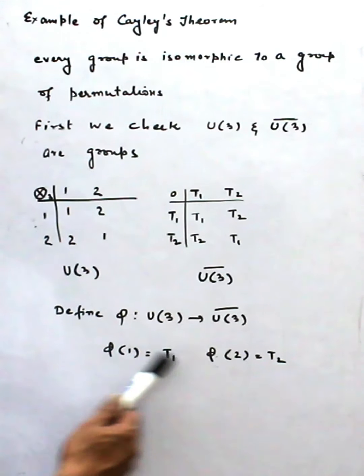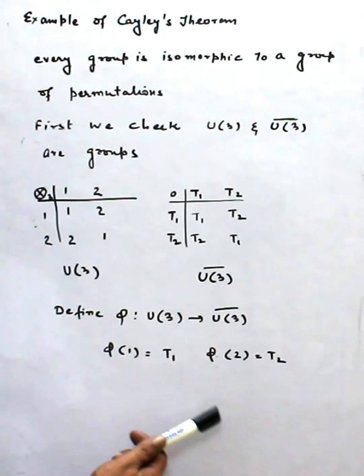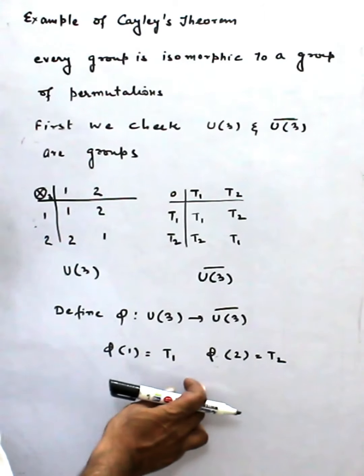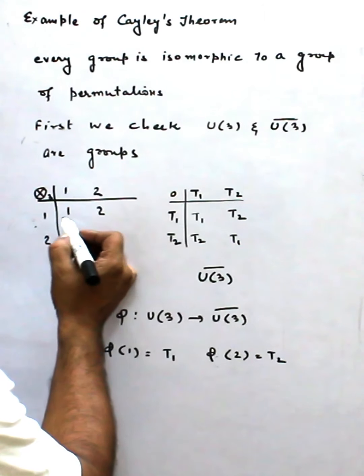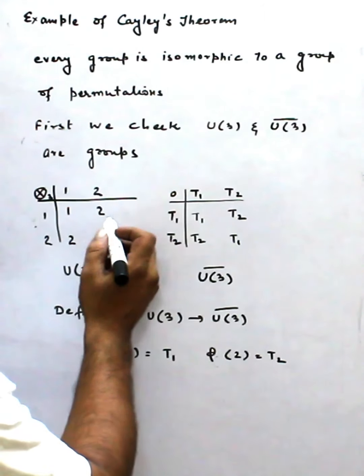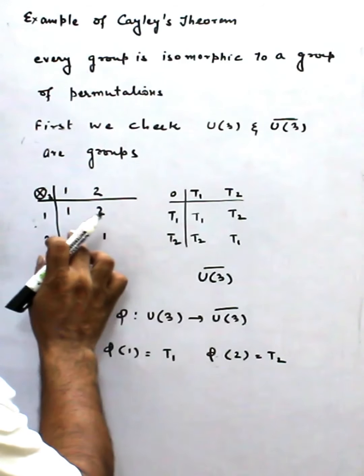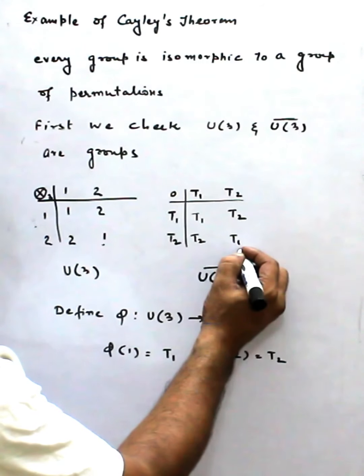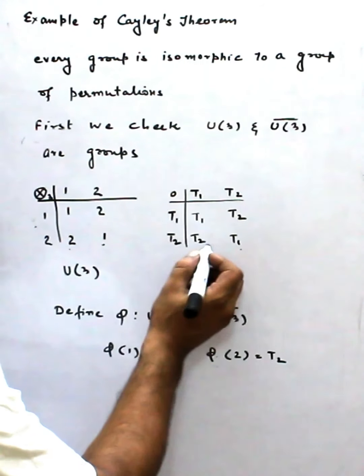We can see it is 1-1 and onto and it preserves the operation. Because why does it preserve? Because we can see here these elements are the same. Here 1 corresponds to this one, we get T1, and 2 gives T2.